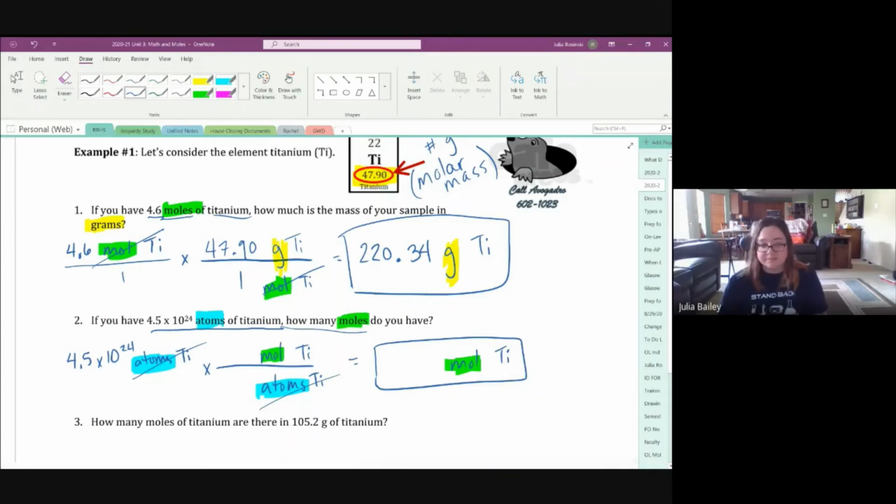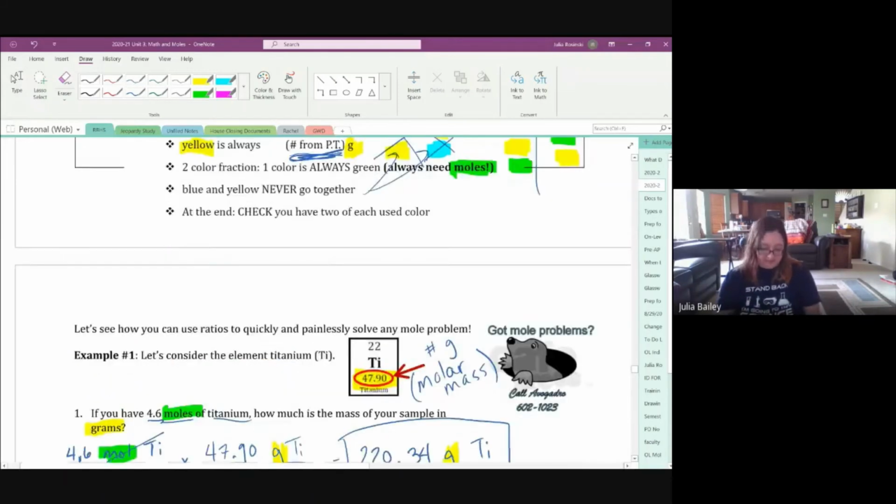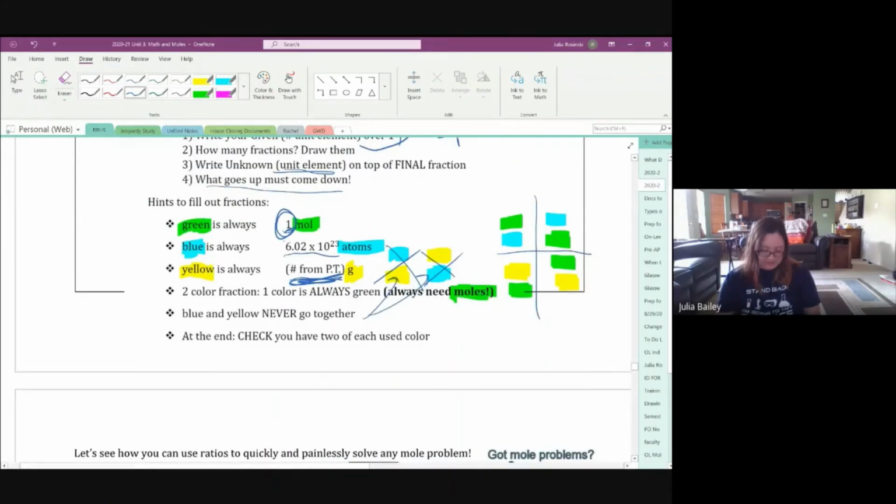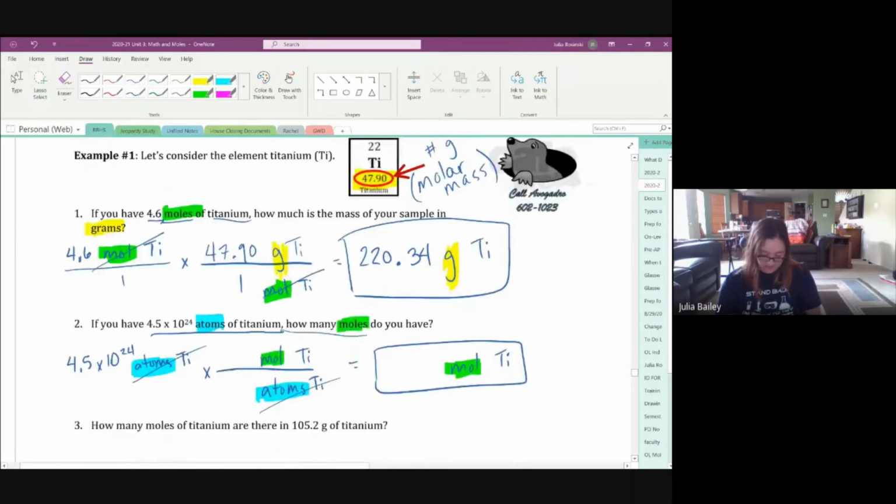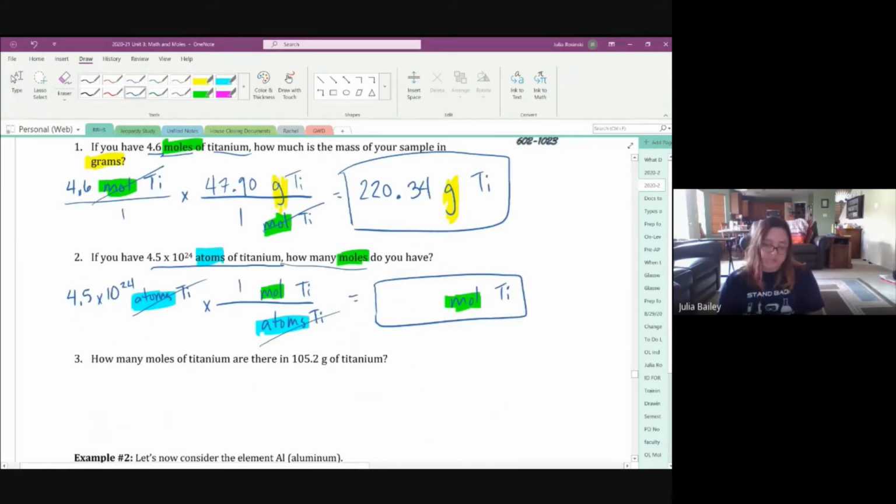That's great. I still need to go back in and fill in some numbers though. Anytime you use the word moles, you're going to use a 1. And when it's blue, you use 6.02. So my word moles is a 1. Atoms are blue. Where it's blue, you use 6.02 times 10 to the 23rd.